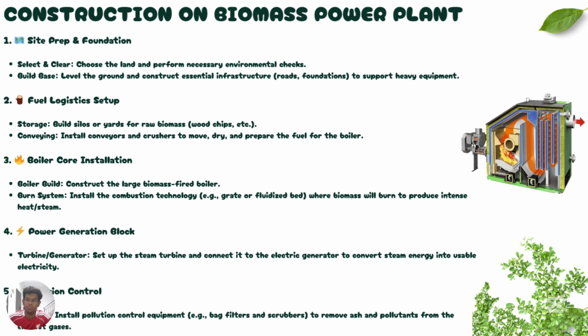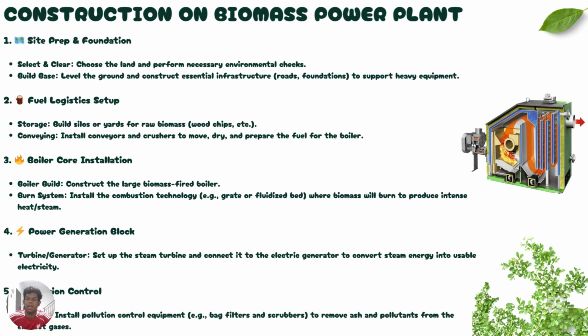Next, the gas moves to an electrostatic precipitator, or ESP. This is a more advanced system that uses electrical charges to trap the tiny particles that the cyclone could not remove. The particles get attracted to the metal plates and are shaken off periodically to be collected as ash. Finally, the gas passes through the bag filter, also known as a fabric filter.